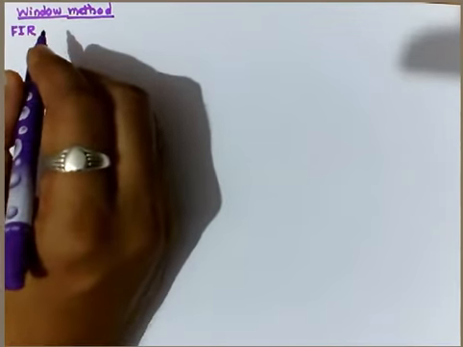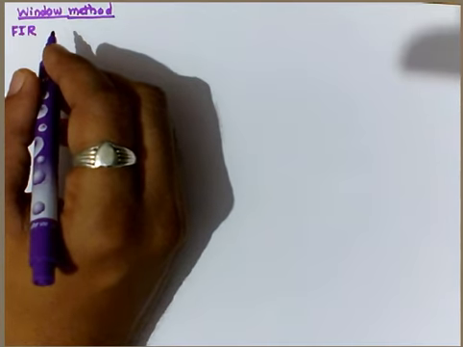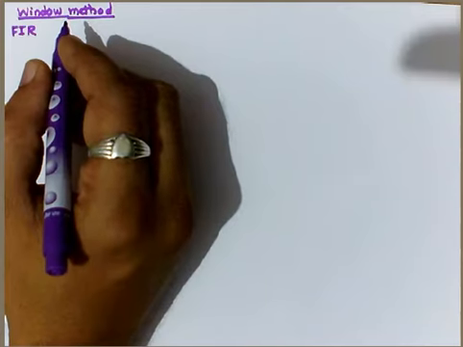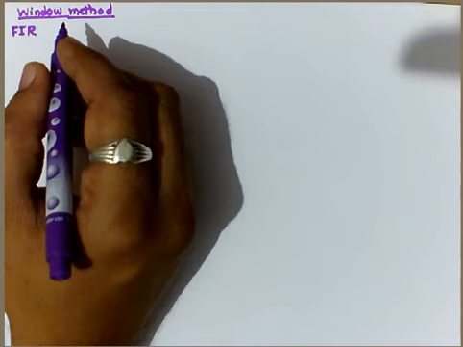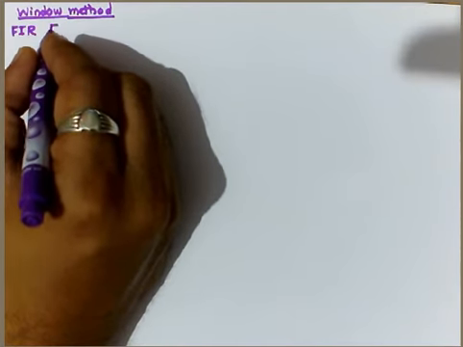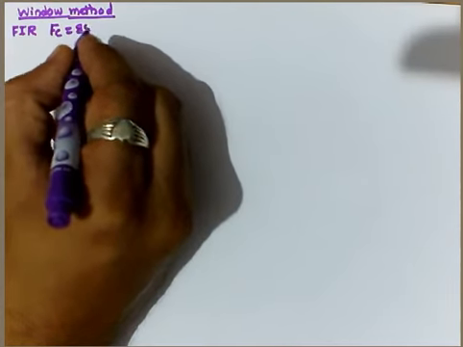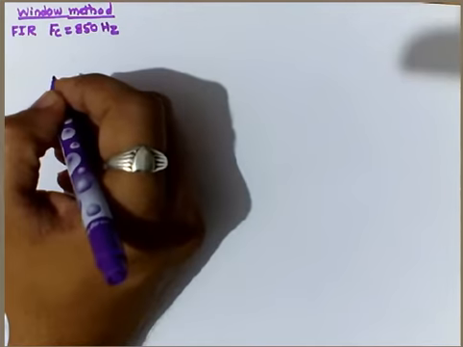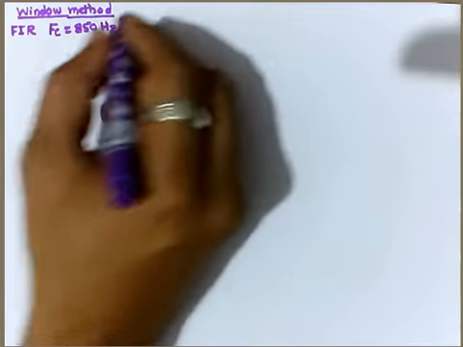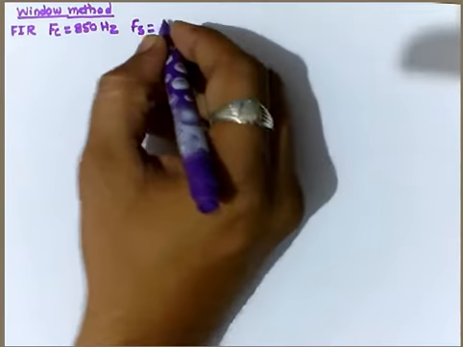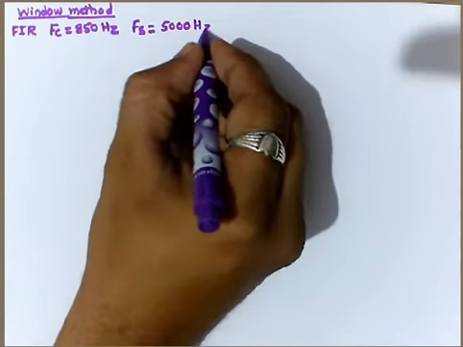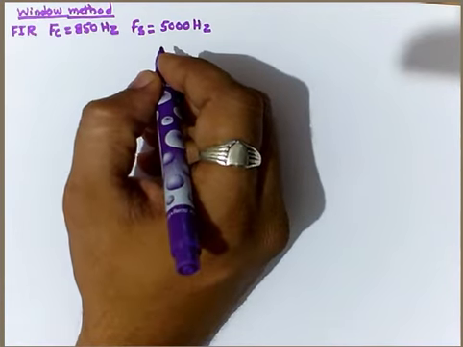Let's say the passband gain is unity, that is 1, and the cutoff frequency is 850 Hertz, and the sampling frequency Fs is equal to 5 kilohertz, or in terms of hertz only, I will write it as 5000 Hertz.